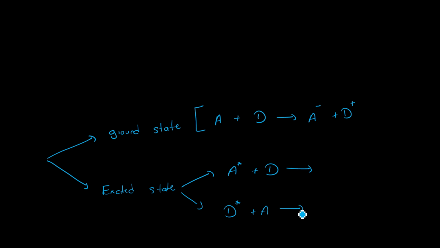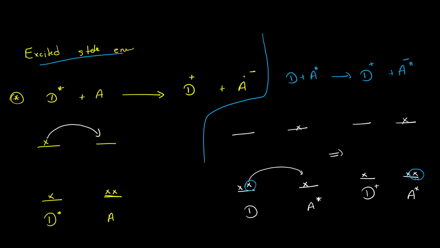Now if we look at the energy terms here, let's take the excited state. If I write an expression for delta G electron transfer, here we have a little bit different expression than the previous one, right?